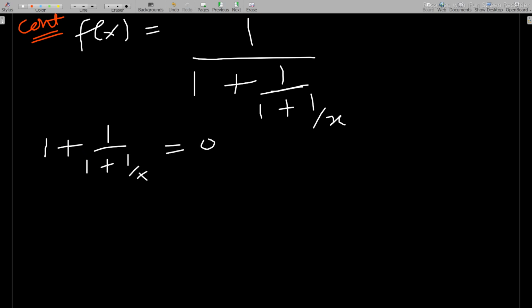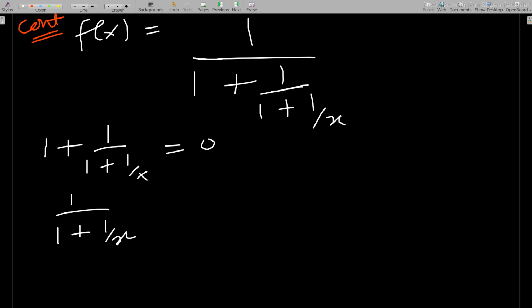That is the whole of the denominator of the function. This big denominator, what if it is equal to 0? Then the function wouldn't be defined. So we can say 1 over 1 plus 1 over x should be equal to negative 1.